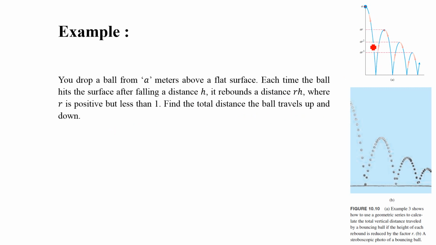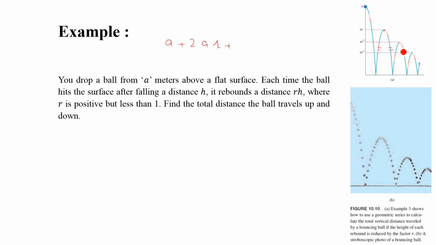So initially the first term is going to be a, that is, it travels the distance a to hit the surface. So for the next term, first it rebounds a distance ra and then comes down to hit the surface again. So this much distance, that is ra, is covered 2 times. So we are going to have 2ar.